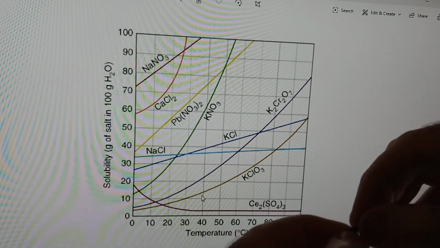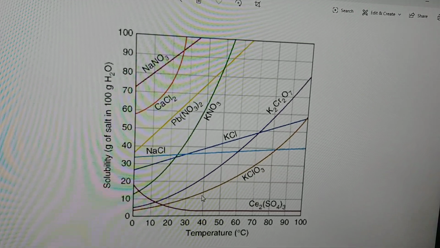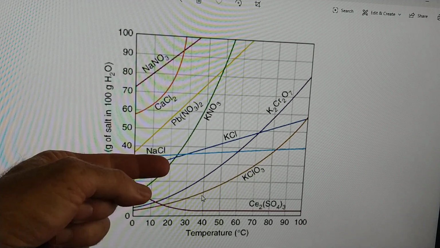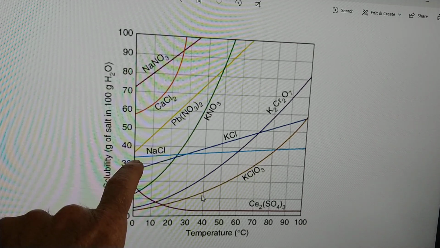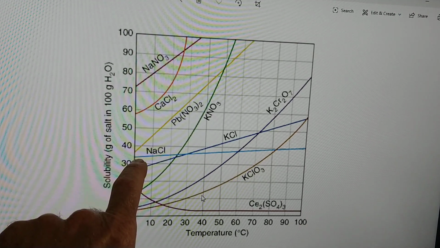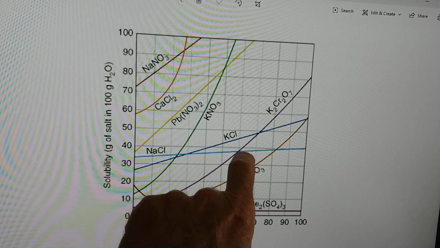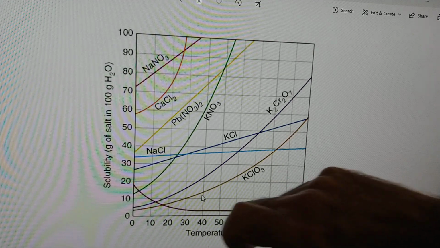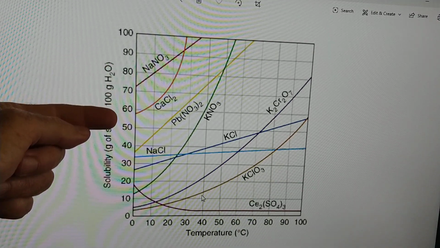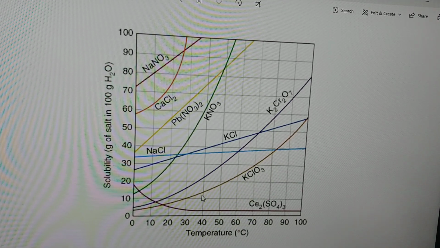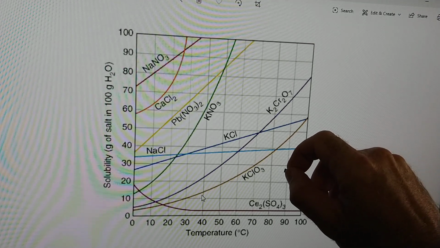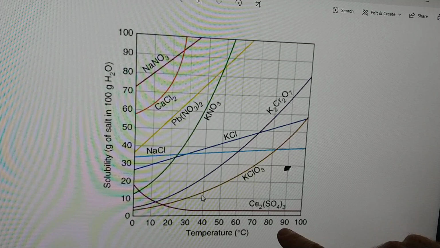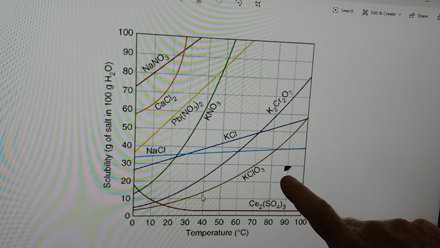Now I've got a little piece of sticky tape here, and we're going to discuss sodium chloride. See, this is table salt. Now table salt, you can see its solubility is not affected greatly by temperature. See, this is all in 100 grams of water. What if I had 100 grams of water and I put that much table salt in it at 90 degrees Celsius? So here I am.